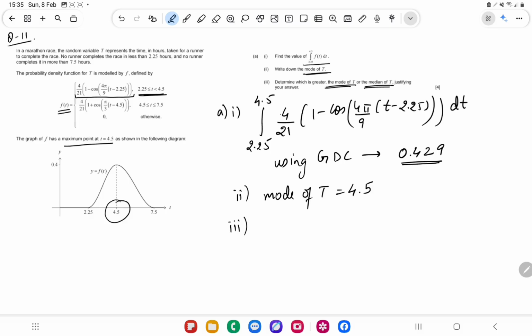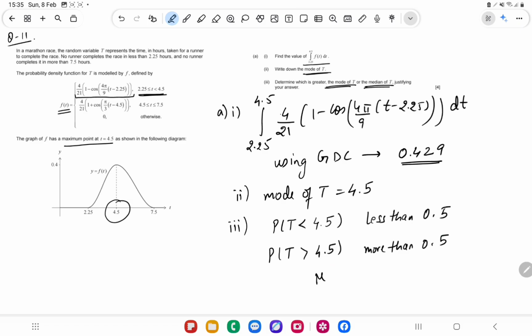Median will be greater, as you can see that the probability of t less than 4.5 is less than 0.5, or I can say that the probability of t greater than 4.5 is more than 0.5. So I can say from this that the median is greater than the mode.